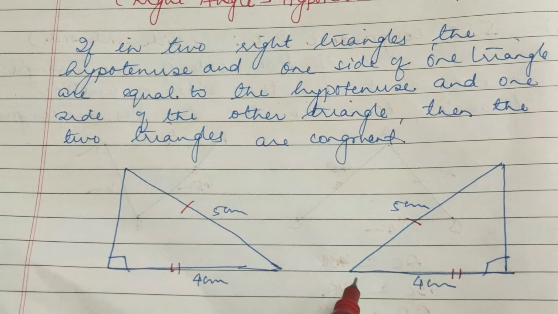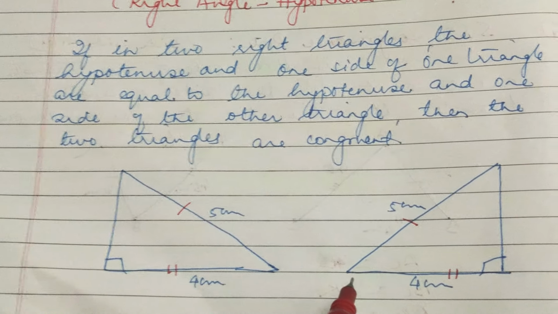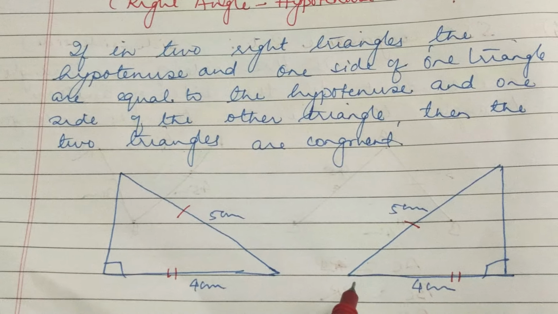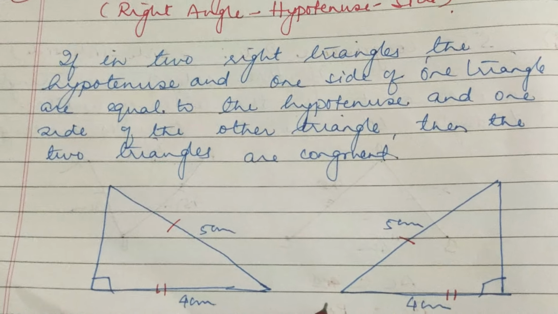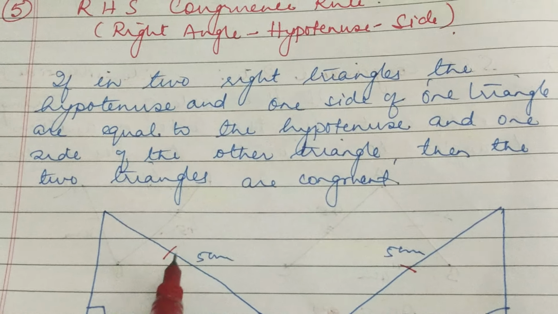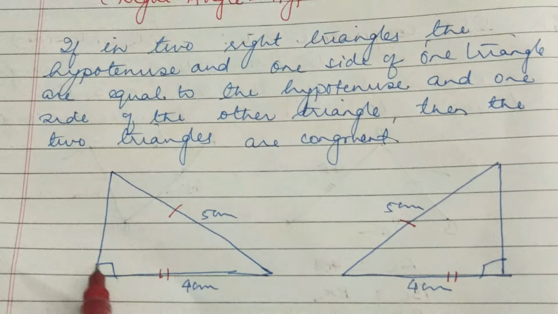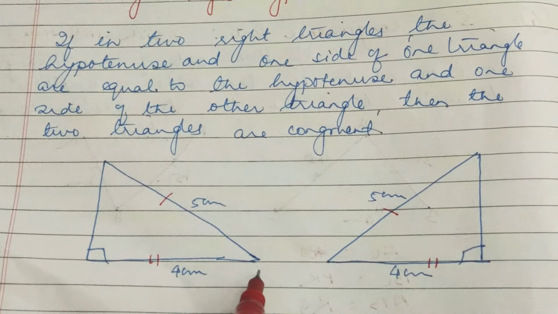Then fourth is SSS congruency rule, that is, the three sides of one triangle are equal to the three sides of the other triangle. And the last one is RHS congruency rule, which is applicable for right angle triangles, where R stands for right angle, H stands for hypotenuse, and S stands for side.